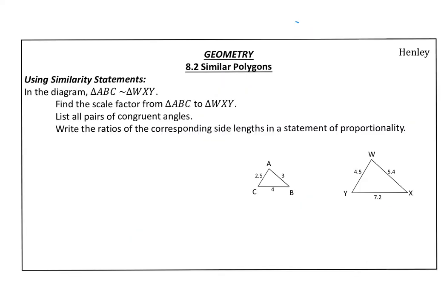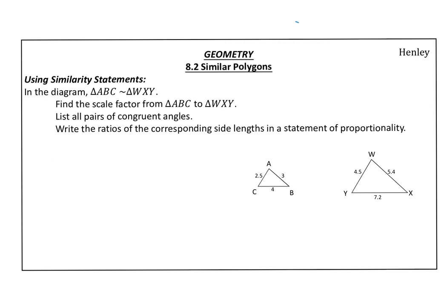In this problem, we look at diagram ABC is similar to WXY. So that means that A corresponds with W, B with X, and C with Y. Now, we're asked to find the scale factor from triangle ABC to triangle WXY, and we're asked to list all pairs of congruent angles and write the ratios of the corresponding lengths in a statement of proportionality.